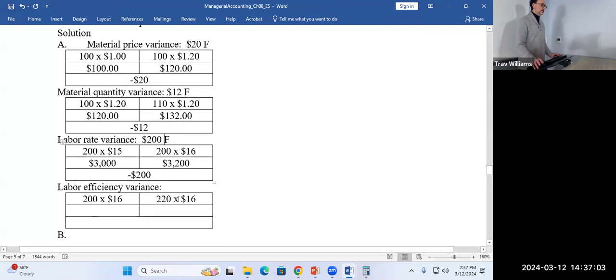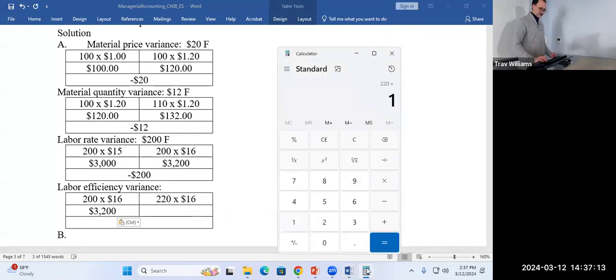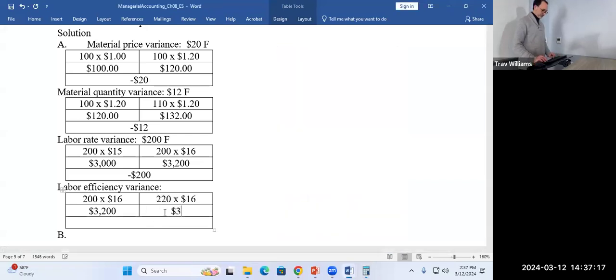Then down here, again, this is duplicated over on the left side. And what does that come out to? 3,520. Okay, we subtract, we get negative $320.